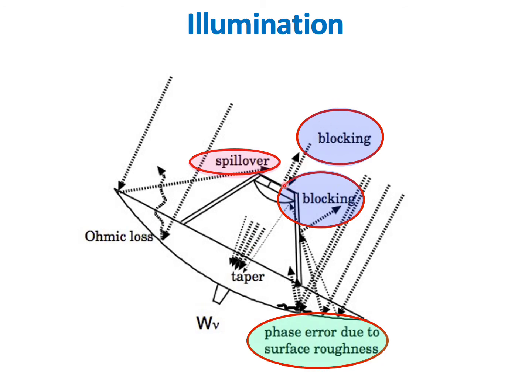So light that hits the back of your feed just bounces off. It never hits the dish. So there's the shadow of the feed on the dish. There's also support structures holding the feed up above the dish. They're going to block light as well. And of course, while the dish is smooth, there are surface errors that cause phase problems. We'll get into that in depth later.